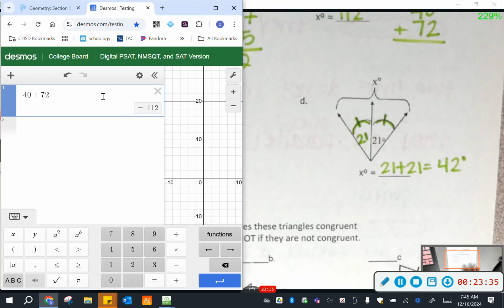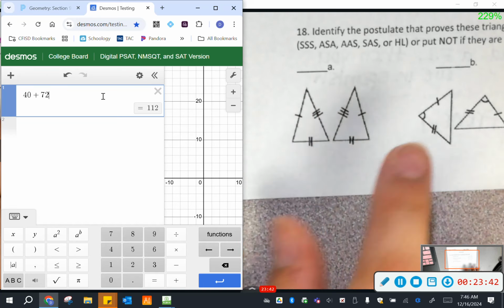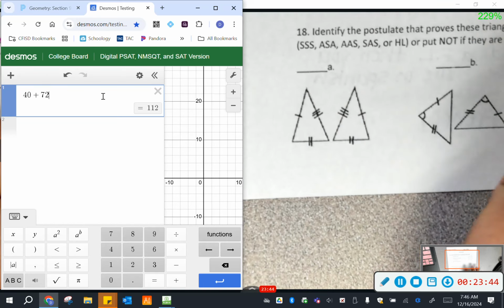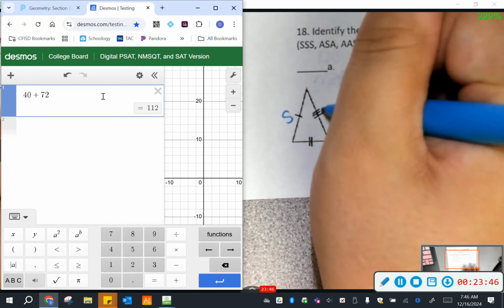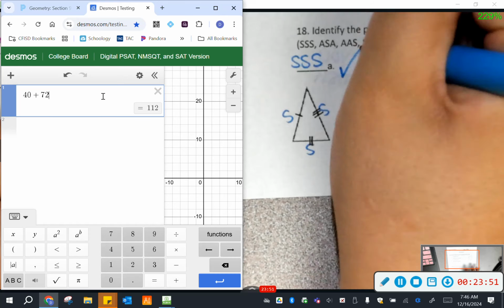Last but not least, you are figuring out if they are congruent or not. If they are, you're just putting how. So what is this right here? What do I have? SSS. Is SSS congruent? Yep.